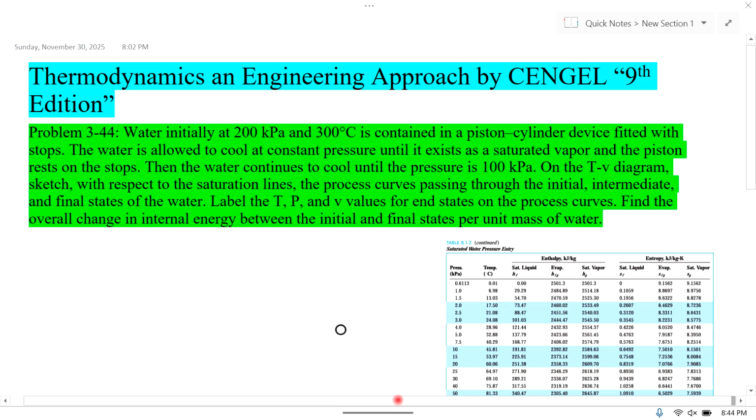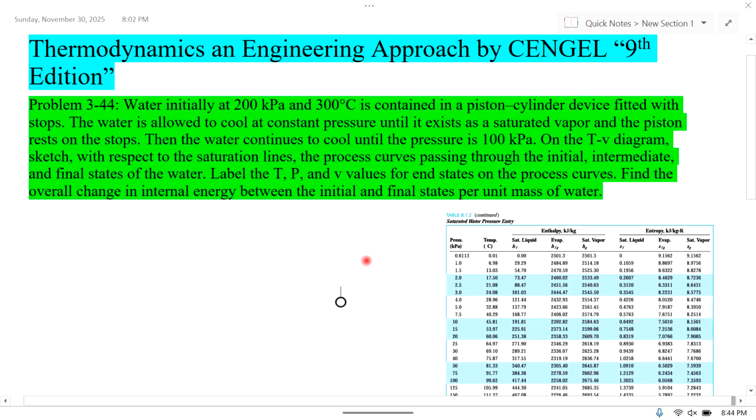Bismillahirrahmanirrahim. In this lecture, I am solving problem 3.44 from the book Thermodynamics: An Engineering Approach by Cengel, 9th edition. The statement of the problem is that the working fluid is water, so we will use the steam table.